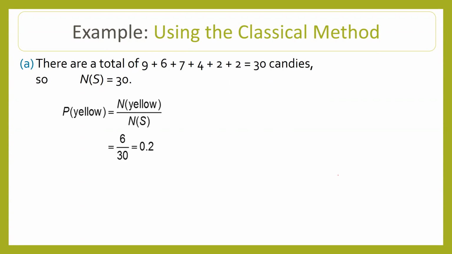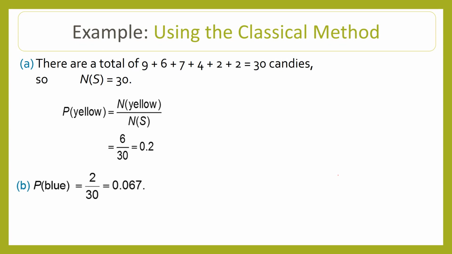Now, the probability of yellow is the number of yellow over the number in sample space S. So here we get, remember, yellow, we have 6 of it, 6 yellow over 30, giving us 0.2.